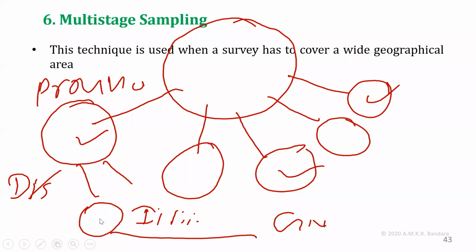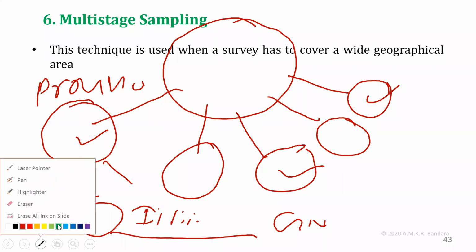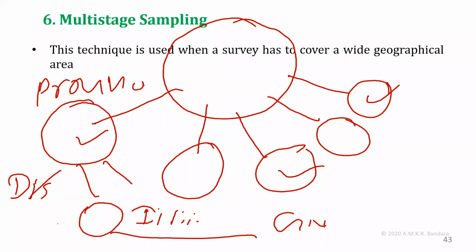Then within each province, we know that there are several districts. So from the selected province, a few districts will be selected randomly. This was selected and this was selected.